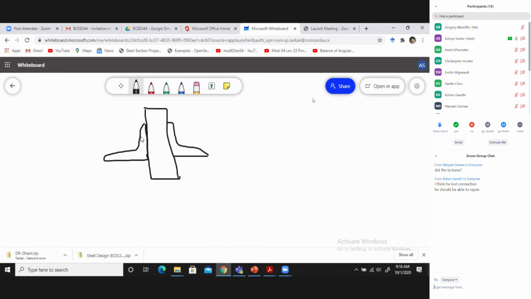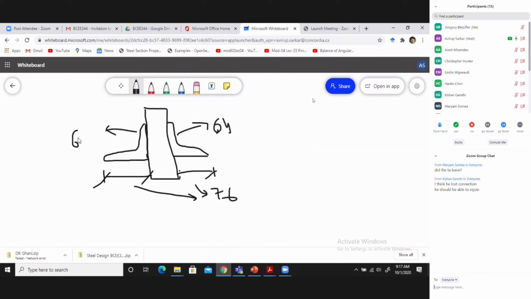Say for example, this is the 76 mm side and this is the 64 mm side.